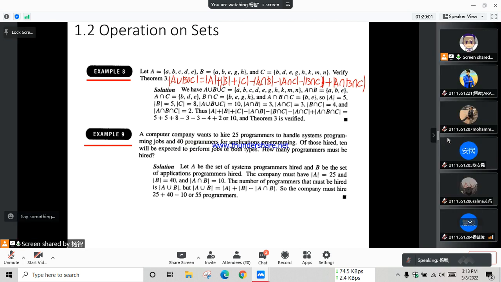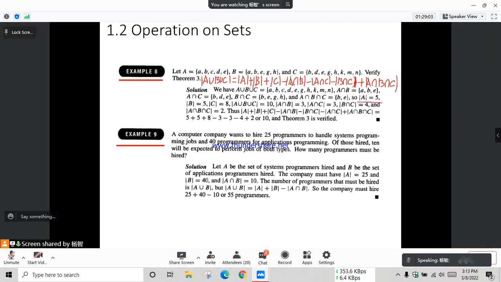So first, the cardinality of A is equal to 5. The cardinality of B is also 5, and the cardinality of C is equal to 8. The intersection of A and B is A, B, E, so its cardinality is equal to 3. The intersection of B and C is B, E, G, H, so its cardinality is 4.